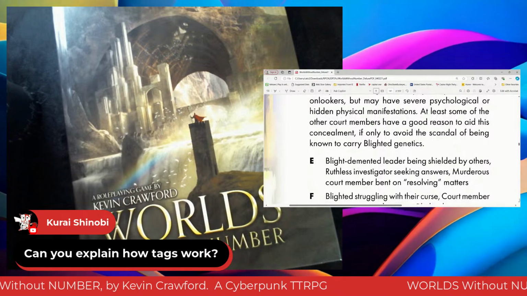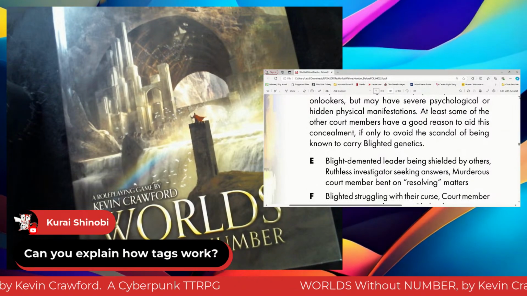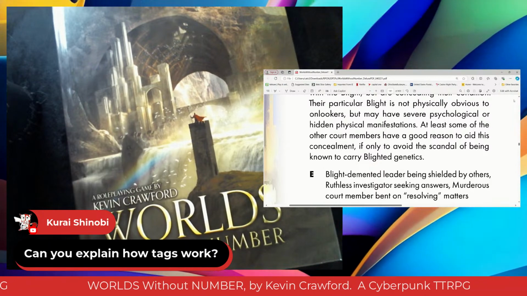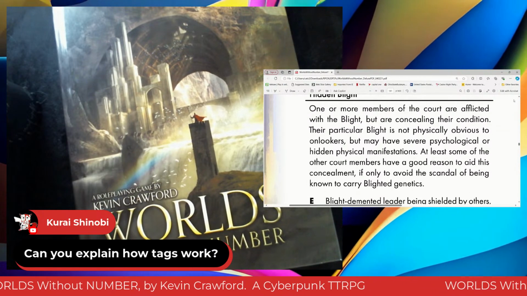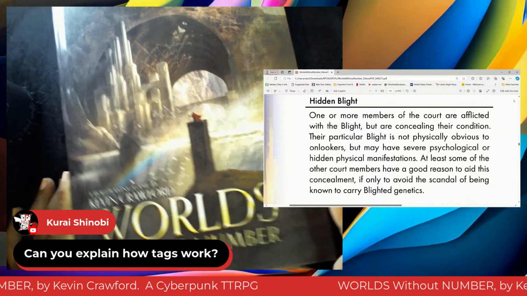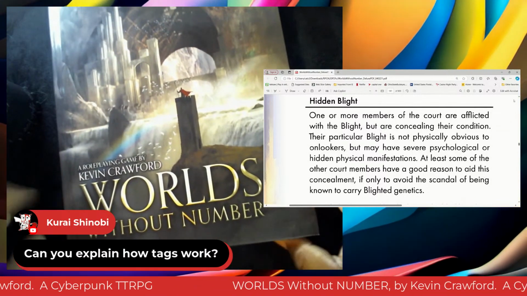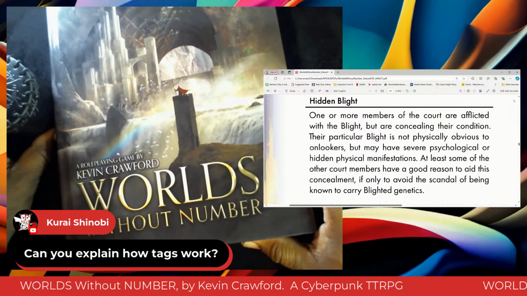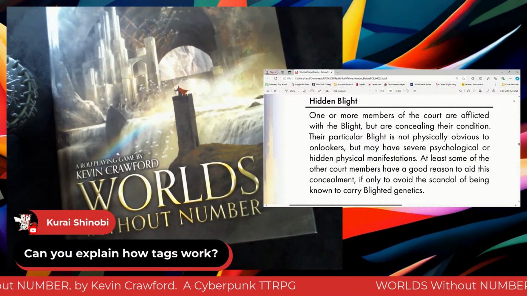All right, so here we have a blighted tag, and there's no rule in how you use these. This is just like, man, I want to include this in the game, and I need a good way to remind me how to use it.